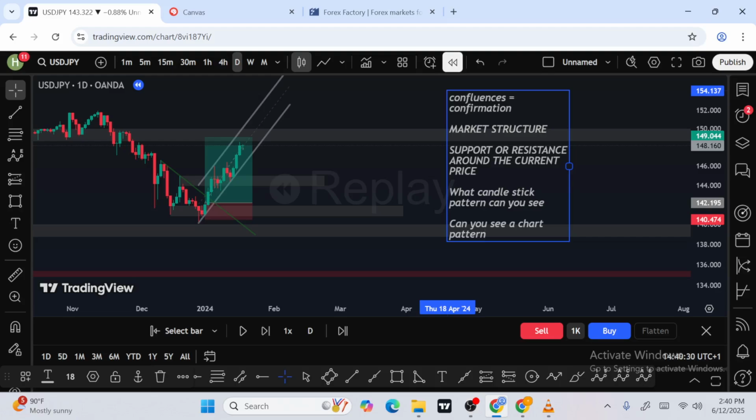So if you are unable to see a chart pattern on your daily time frame, you come down to a lower time frame, 1 hour, 4 hour, and see if you can get a chart pattern. The reason why we are doing this is for us to get an example so that we can be able to backtest and not see futuristic price, not to confuse us. Now after you've done your analysis and everything, you are coming down to your 4 hour, 1 hour time frame to monitor the movement.